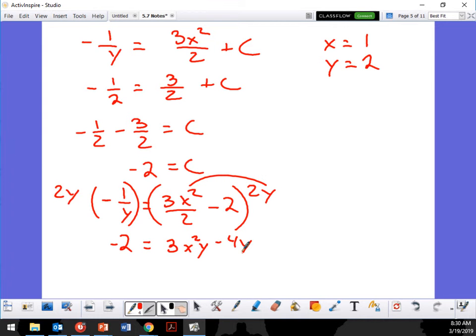And I said I want to set it equal to what? 0. So that means that I need to add 2 to both sides, right? So 0 equals 3x squared y minus 4y plus 2. Are we okay? Yeah.